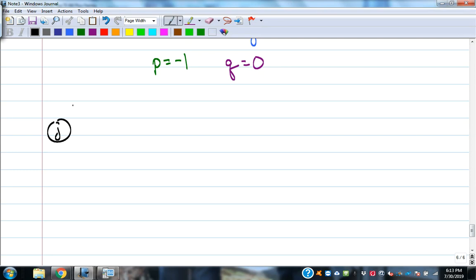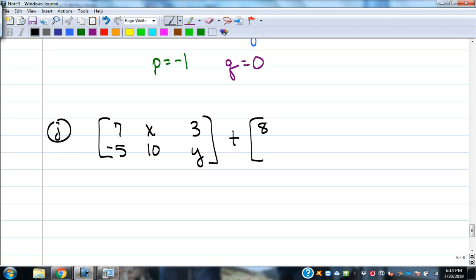So let's do one that's a little bit more fun. Let's say we had this matrix, 7x, 3, -5, 10y, plus, so we're going to throw in a little matrix addition here, plus 8, -6, 10, 5, 16, 7, is equal to.